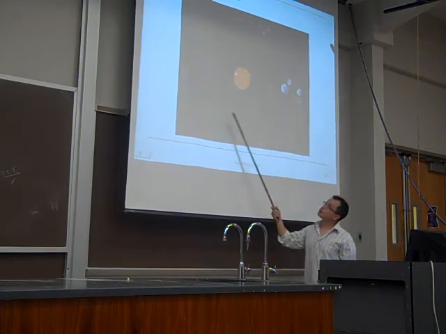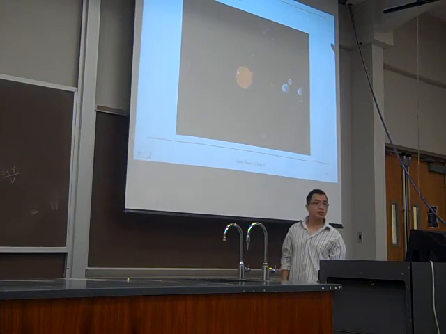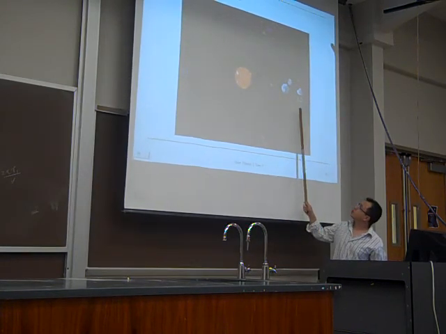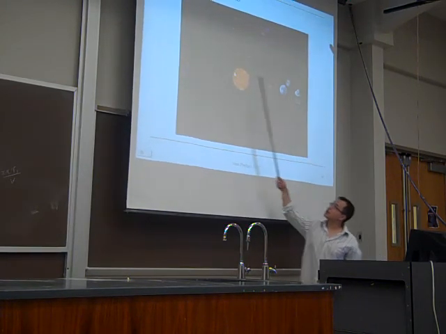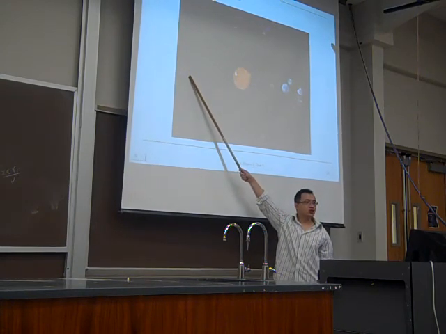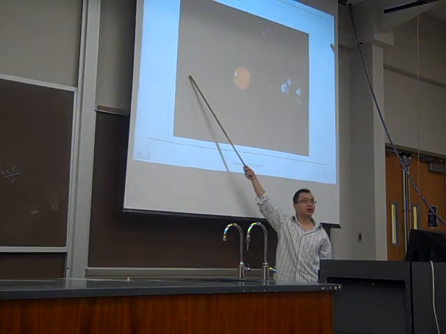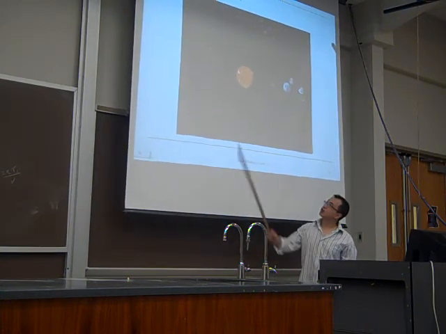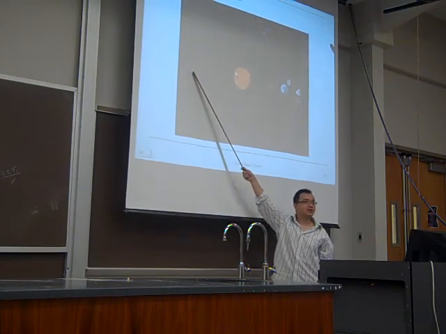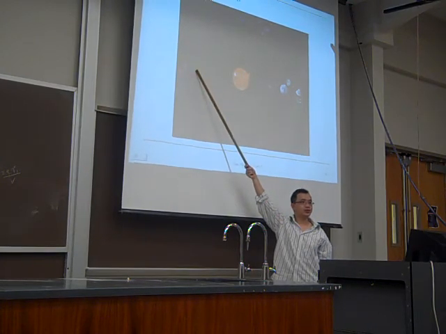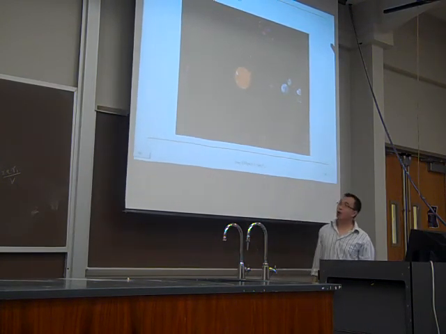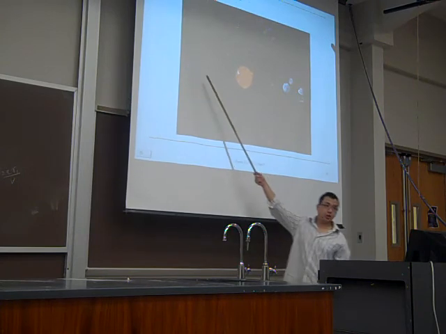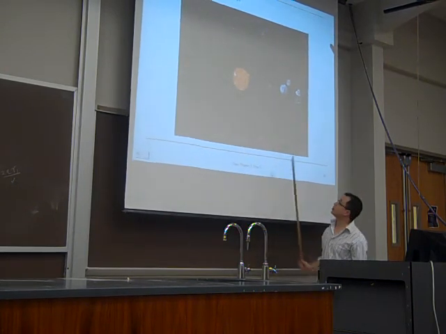L3 is quite famous in fiction because from the Earth you can never see area 3. So if something happens in area 3, you cannot see it. So in science fiction, usually they place another Earth here. It's called the counter Earth. But now we know that there is nothing in area 3 of the Sun-Earth system.